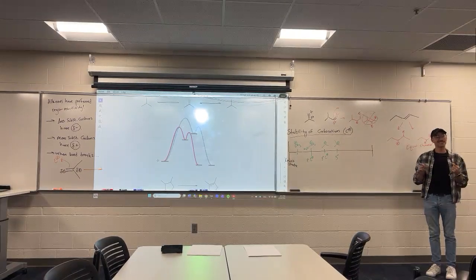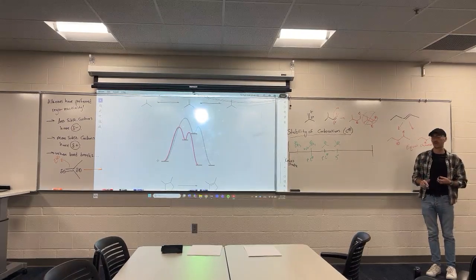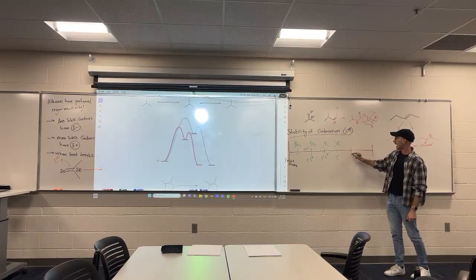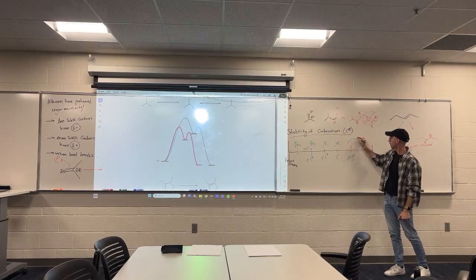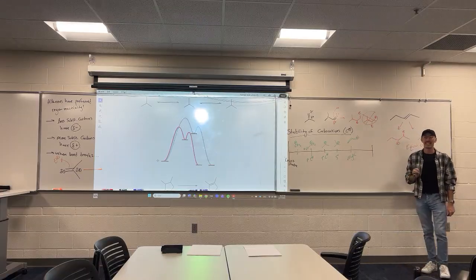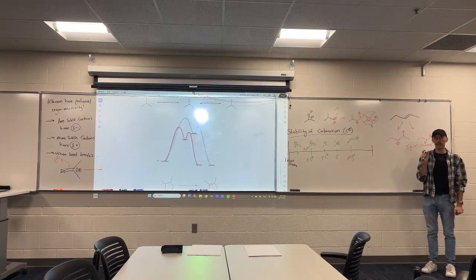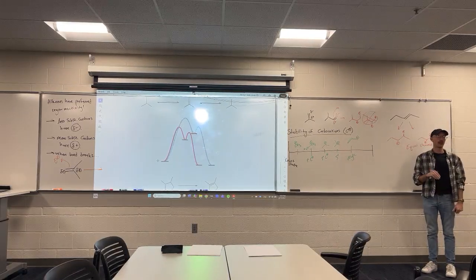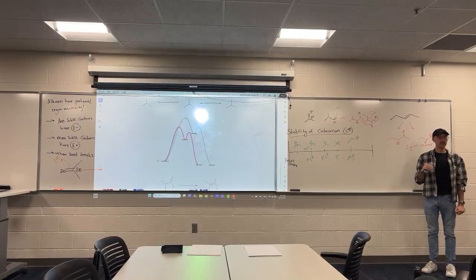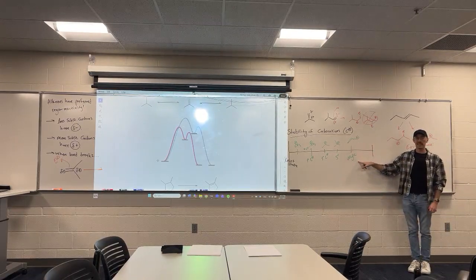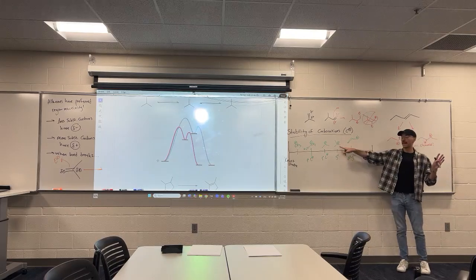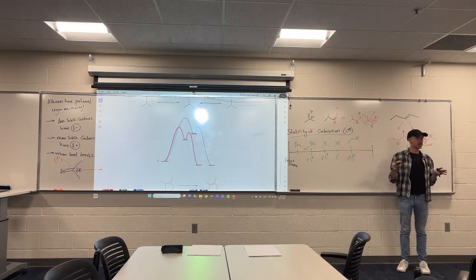So resonance stabilizes charges. That means allylic carbocations. And here's the slightly confusing thing. Substitution stability starts over after resonance is included. Primary allylic is more stable than tertiary with no resonance.